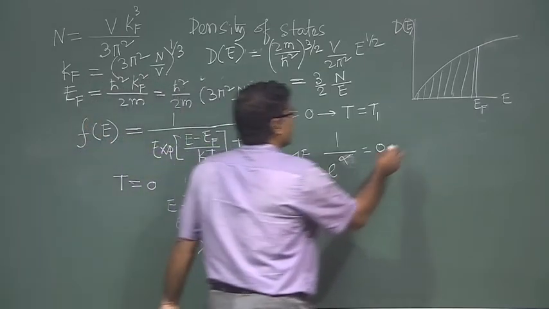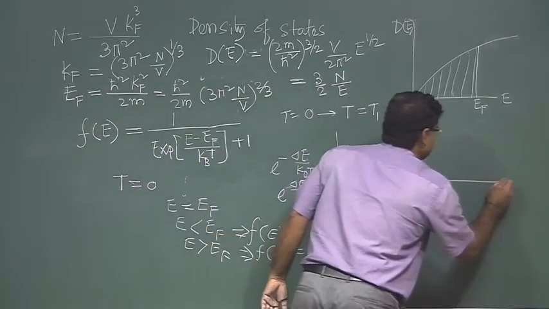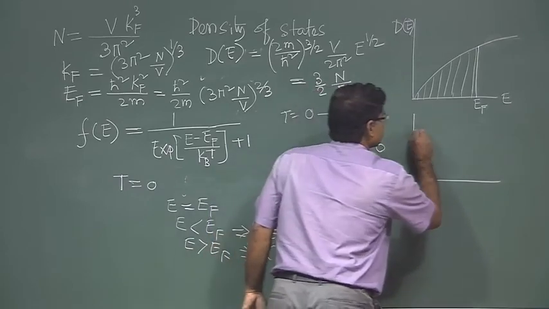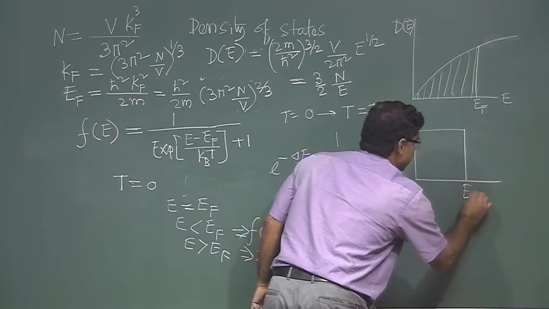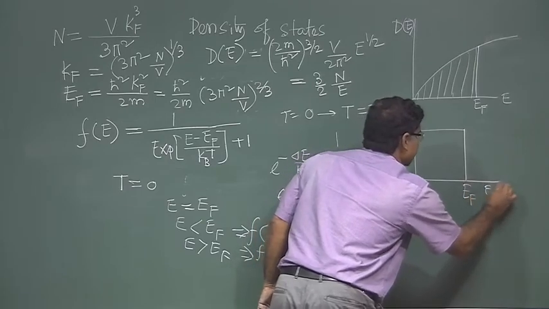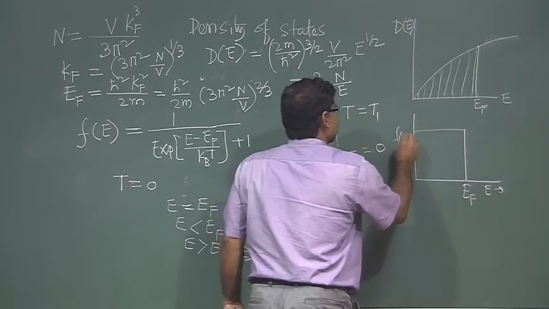So, one can draw this distribution, it is like this. Okay. So, this is basically E and this is the Fermi distribution.